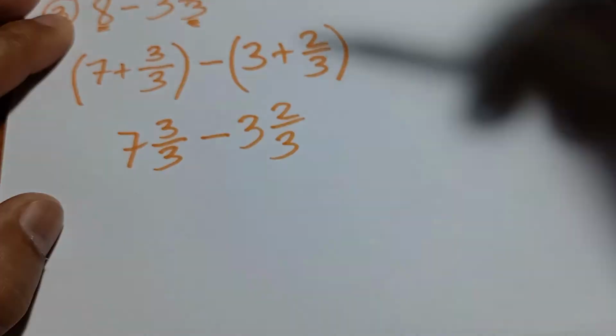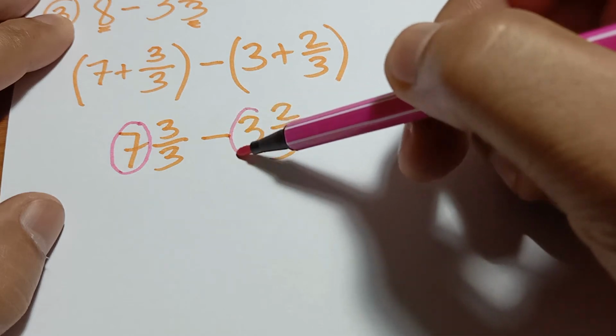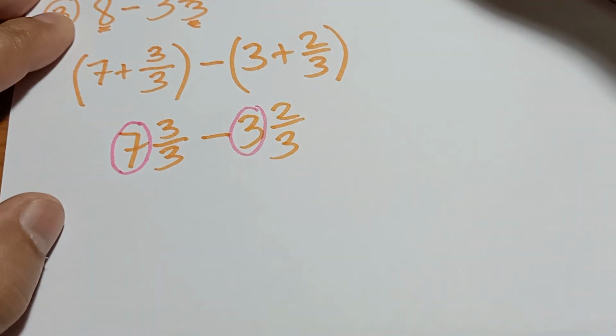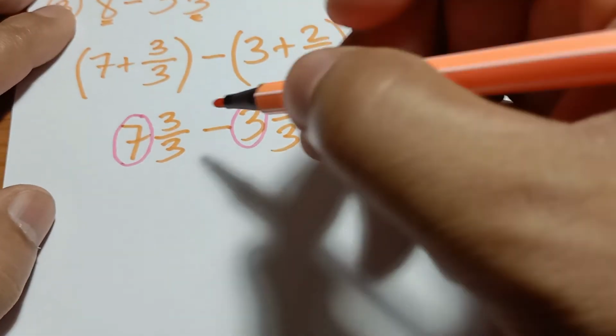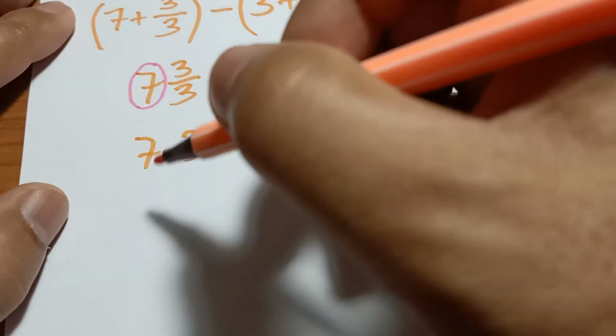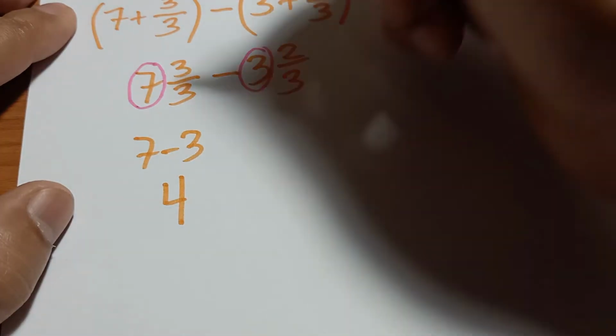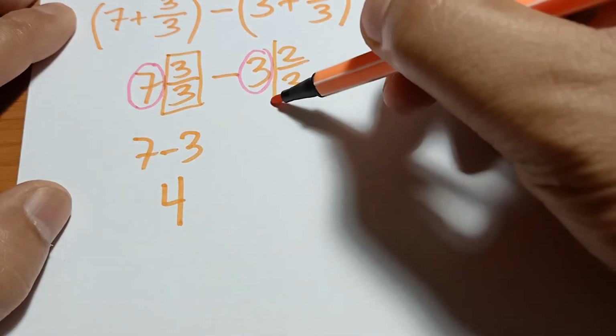Okay, so as you can see now, this one minus this one. So 7 minus 3, 7 minus 3. Okay, the answer is 4. While in here, as you can see, 3 over 3 and 2/3.